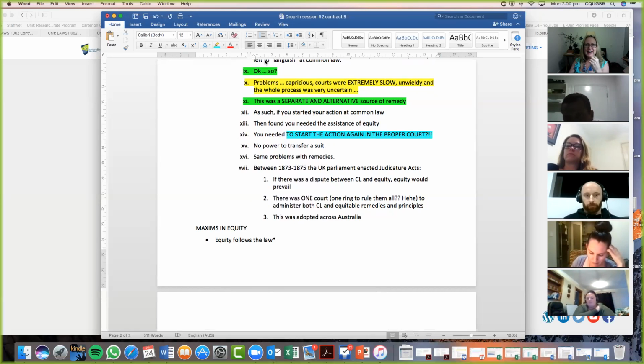It takes around, and this is just a rough rule of thumb, an average, about $150,000 to litigate a fairly simple matter to a conclusion. So using that as your rule of thumb, if the quantum of what is at stake is $30,000, like for this week, it's going to be pretty tough to say to a client, go ahead, sue, because those legal costs will blow out extremely quickly.